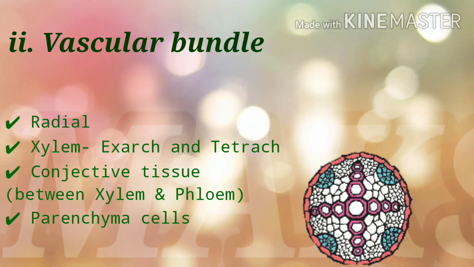Exarch means the xylem cells are extended towards the endodermis layer of a cell. The tissues between the xylem and phloem are called conjunctive tissues. These conjunctive tissues are made up of parenchyma cells.